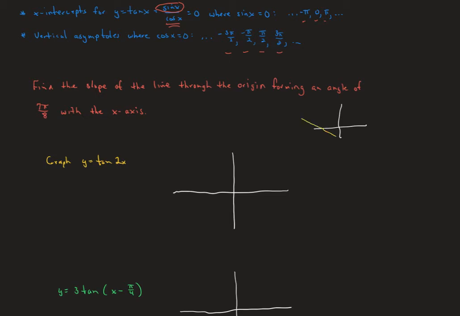So if this angle is 7 pi over 8, then the slope of that line is going to be the tangent of 7 pi over 8, whatever that might be. We don't know this one from memory, so we'd have to go to our calculator. But that would be a negative value, as you can see, because the line's going to fall from left to right.